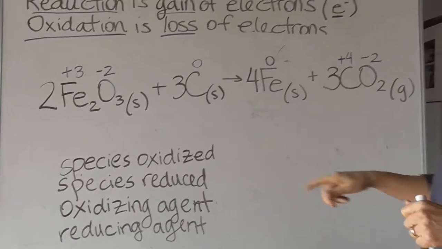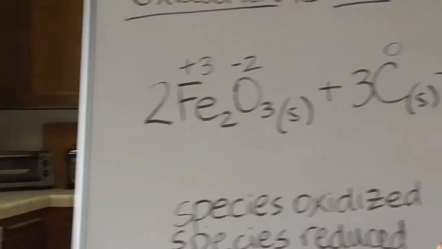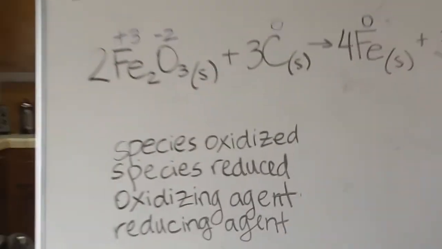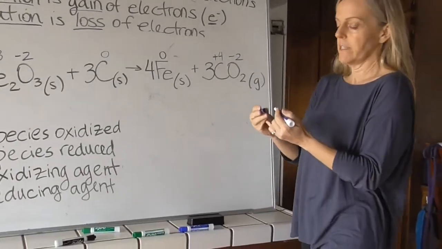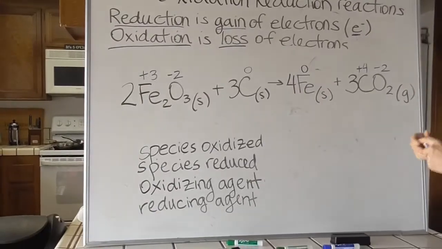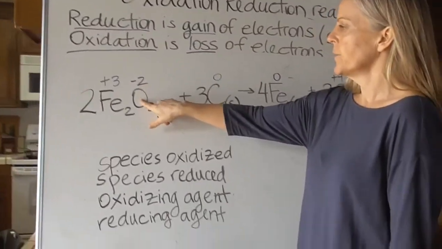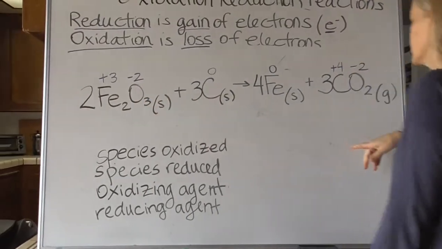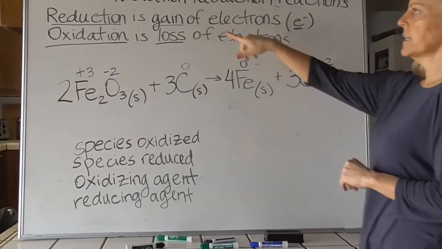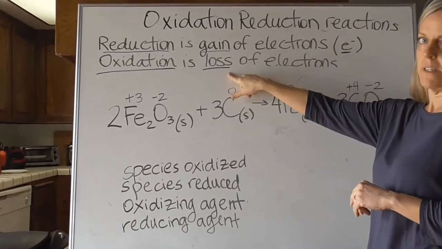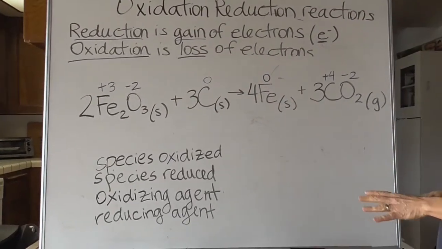So to figure out what we figured out last time, we have to look at each one of these and figure out which one's going up in oxidation number, down in oxidation number, or possibly not changing. So first let's look at the oxygen. The oxygen's -2 over here, and the oxygen's -2 over here, which means the oxygen did not gain or lose electrons. So now let's look at the carbon.